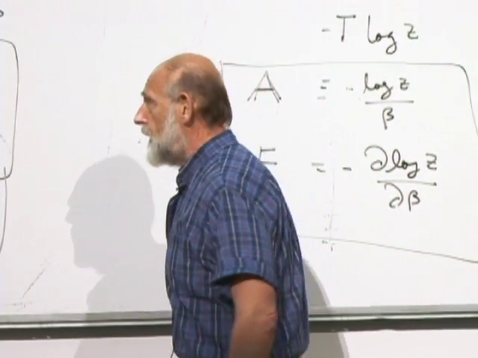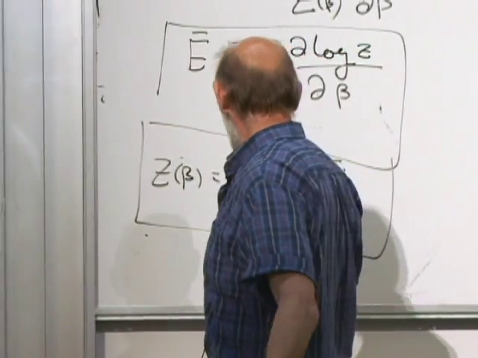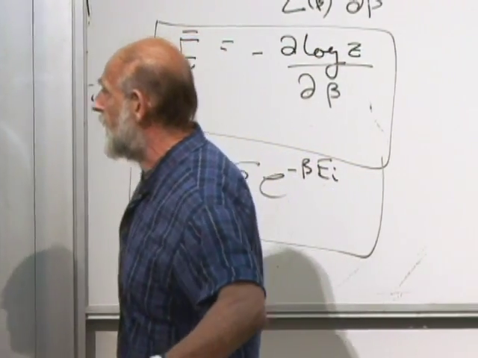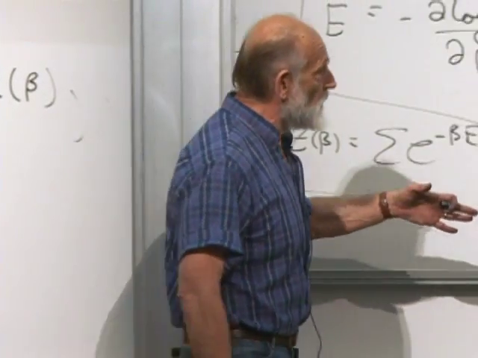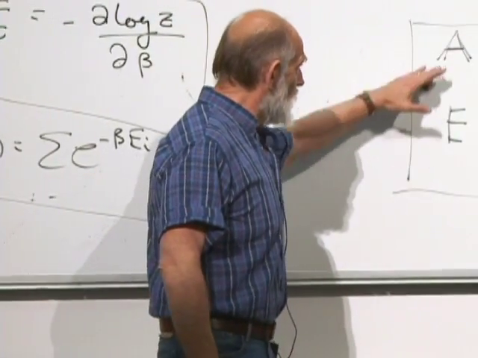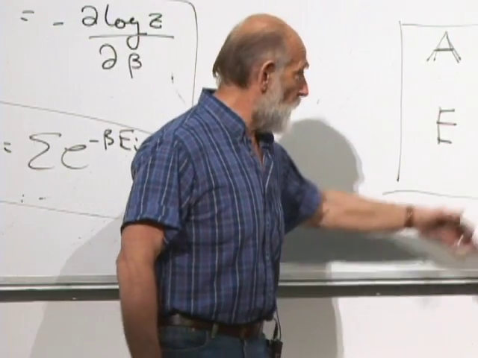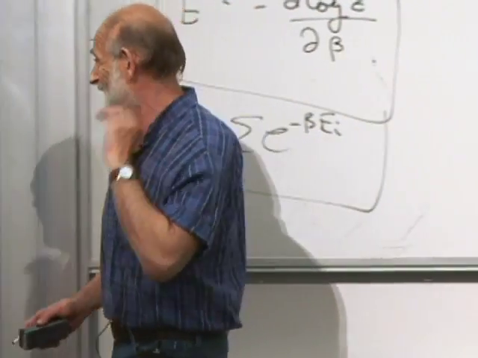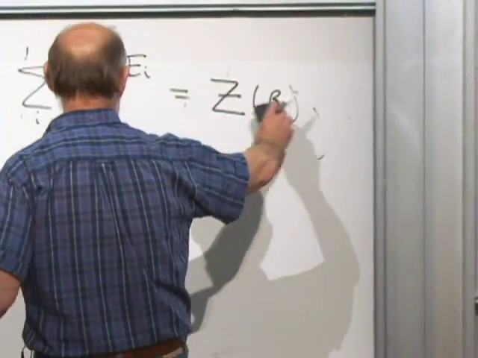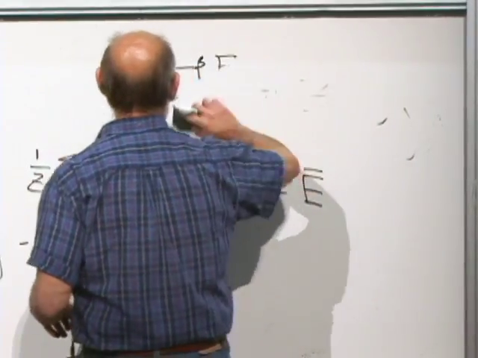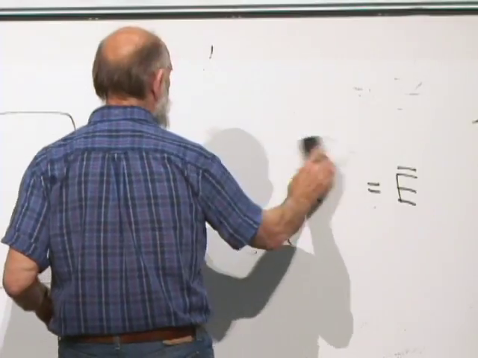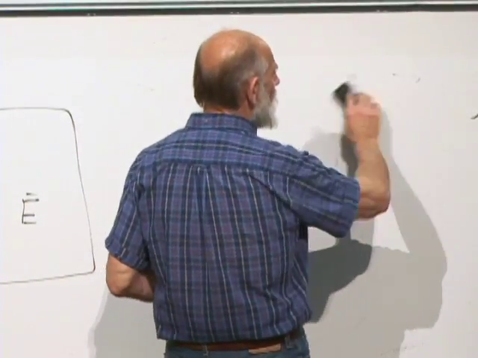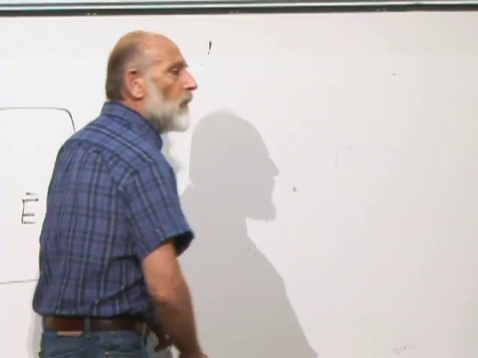All right, those are the two important quantities. And one more quantity is the entropy. So let's calculate the entropy. And we're going to find that the entropy is closely related to A and E, and of course, beta. What is the entropy?